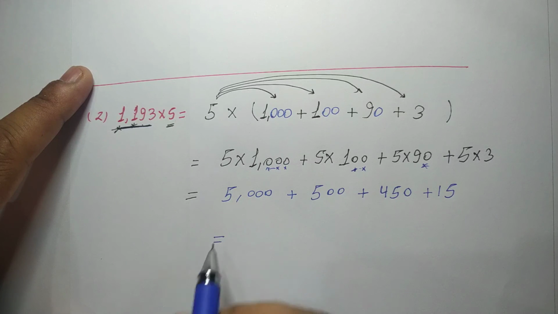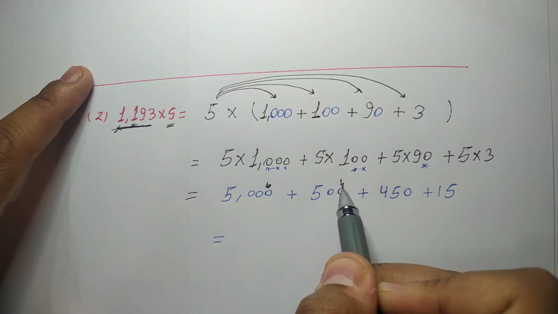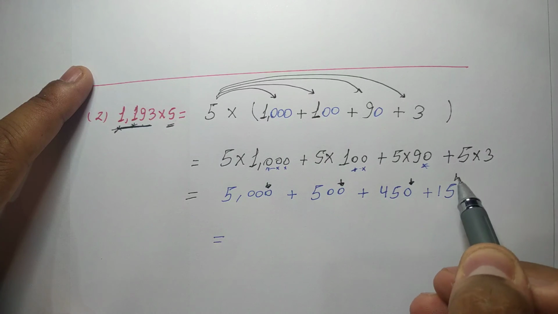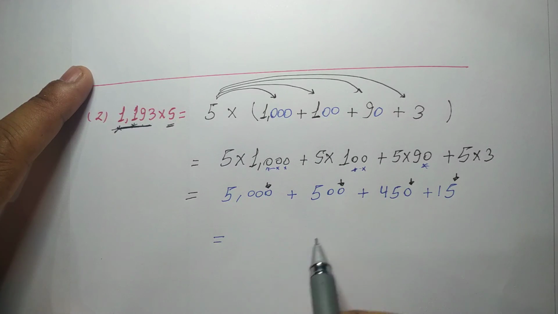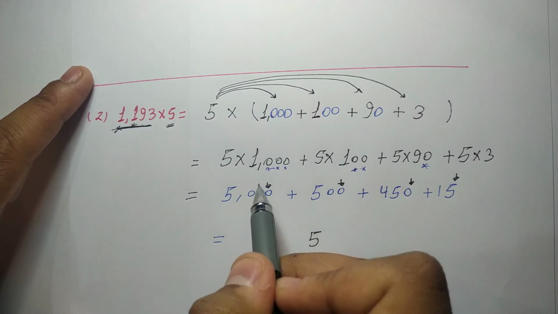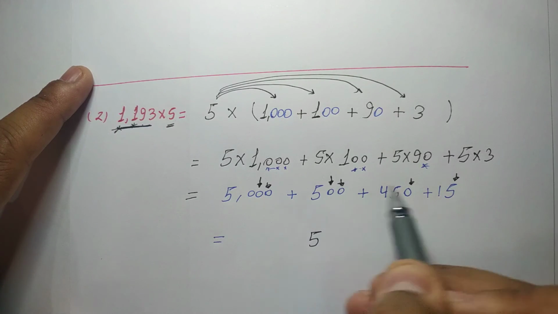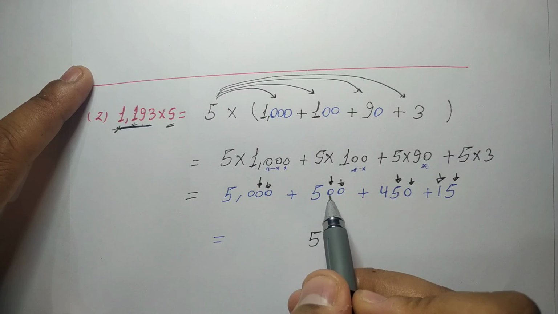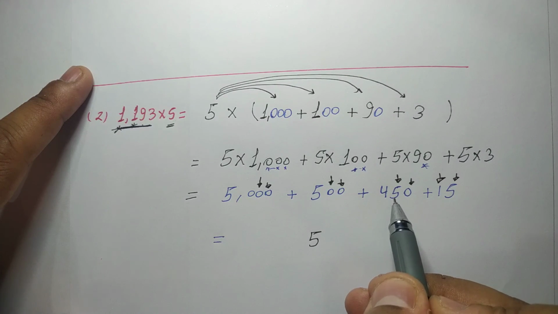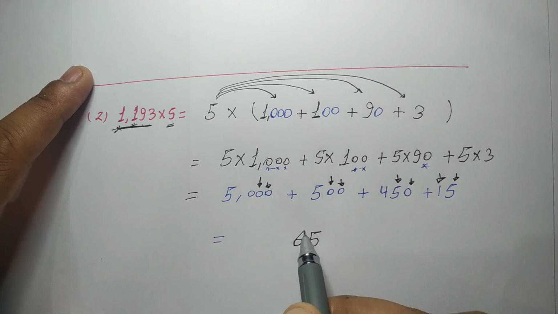And start adding these numbers together. Ones with ones with ones with ones. 0 plus 0 plus 0 plus 5, it will be 5. Tens with tens with tens with tens. 0 plus 0 plus 5, it will be 5. 5 plus 1, 6.